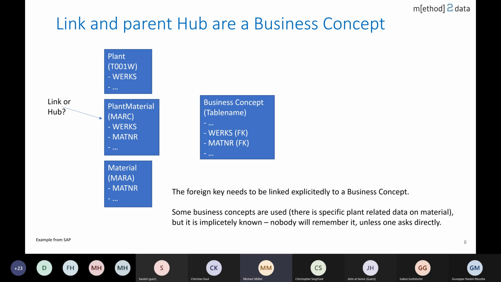And especially something like the plant material is something that the business will never consider, because they are aware that there are specific parameters and they use it, but it's not a business concept in their mind. But on the database, this is a business concept, because we need to store data explicitly at this level in order to store it correctly.